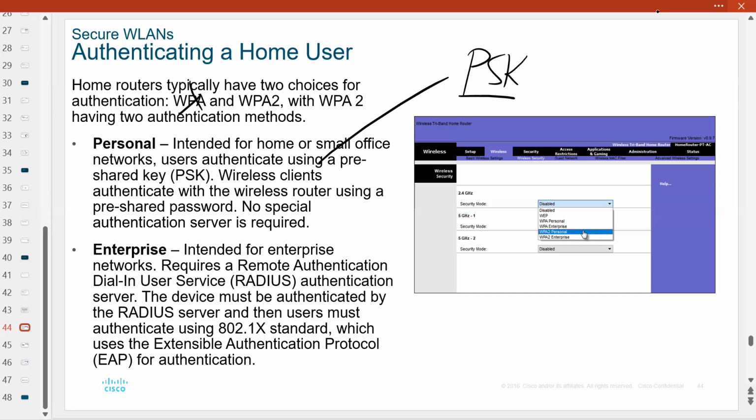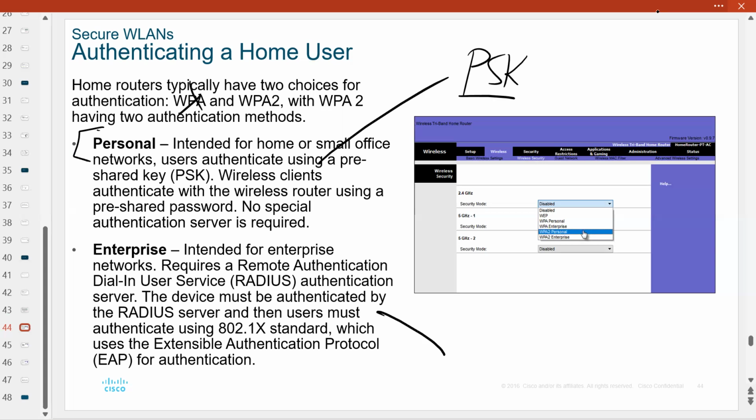Pre-shared key. Now with enterprise, in large organizations, it is no longer safe to use pre-shared keys. We have WPA2 enterprise intended for enterprise networks, and it requires a remote authentication dial-in user service, RADIUS, authentication server.